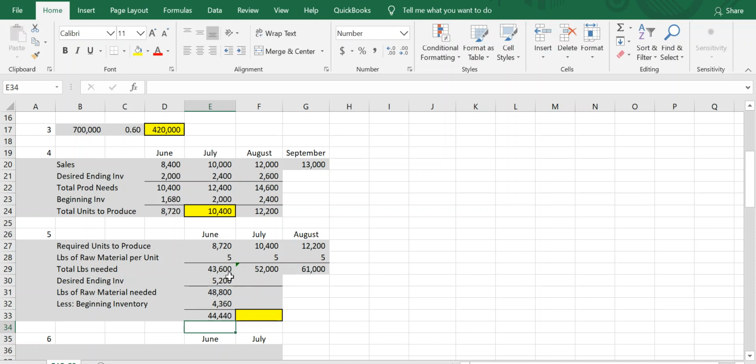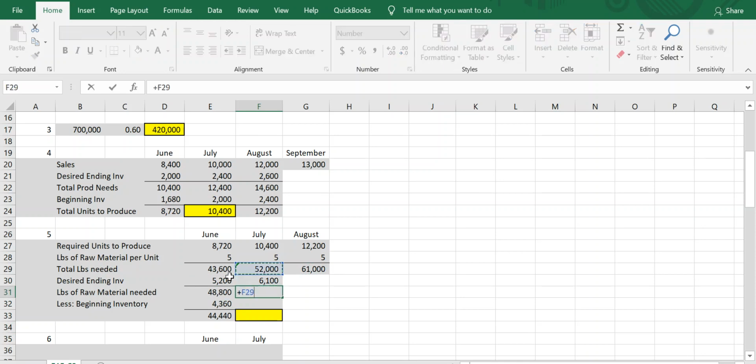When we go to July, we're going to have a desired ending inventory in July of this 61,000 times 10%, 6,100. We add that to the 52,000, we get 58,100, and then we deduct this ending inventory from June out as a beginning inventory for July.